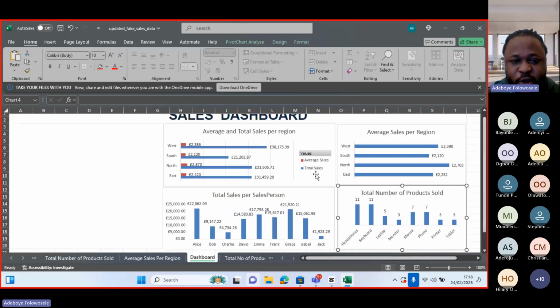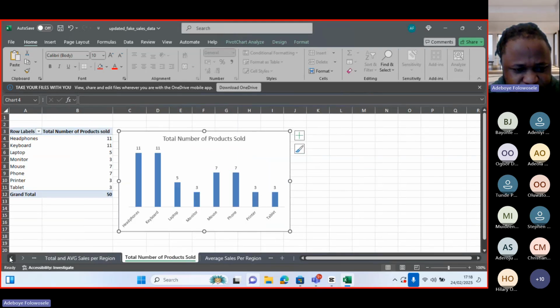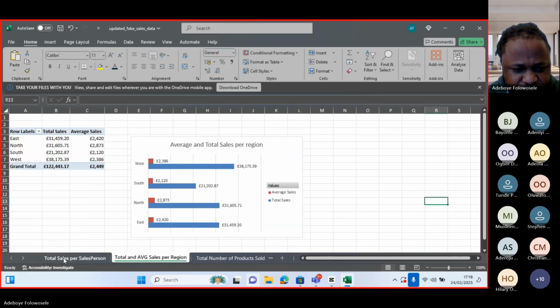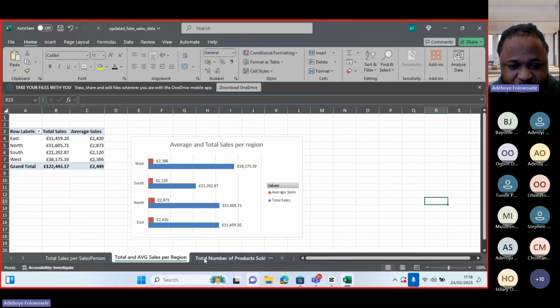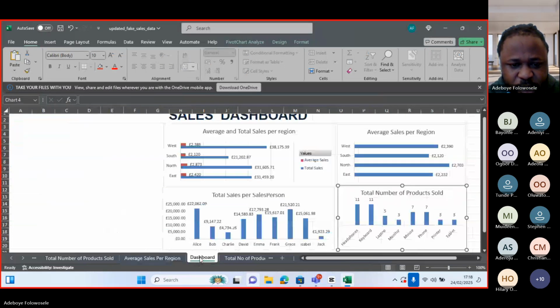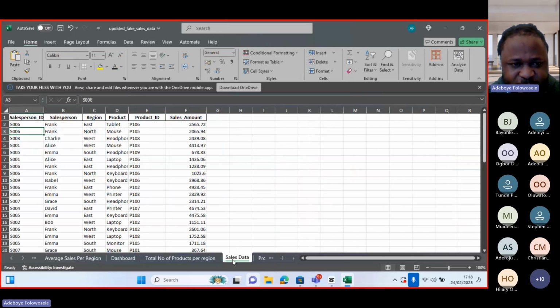So here now, we could, I think, how many charts did we do last week? Average sales, total number of products. Okay. Yeah, we could look at, let's go to the total number of products per region. Let's go to the sales data again.